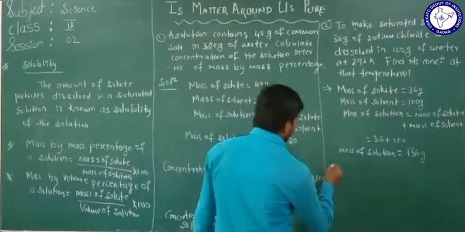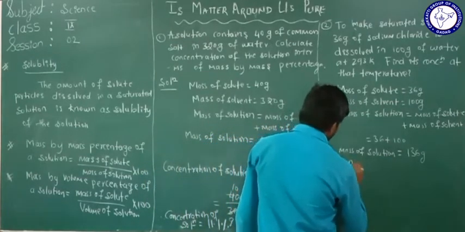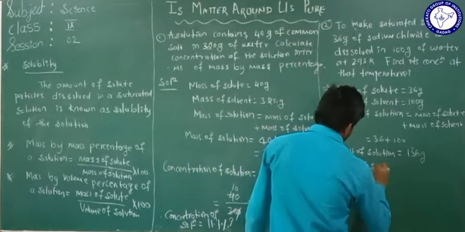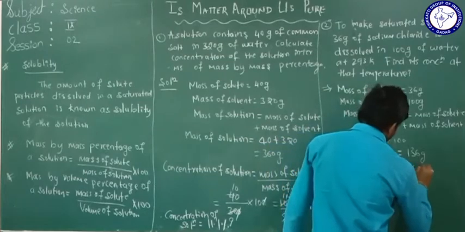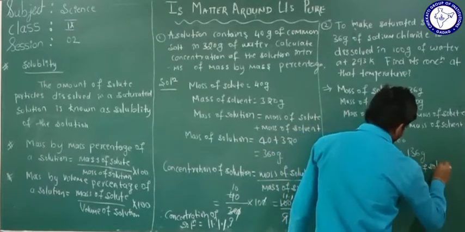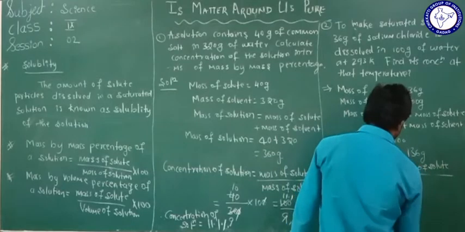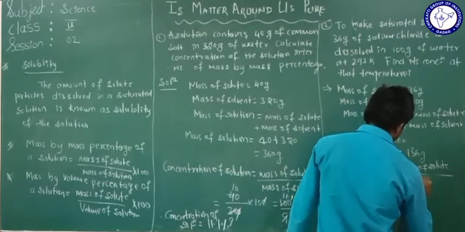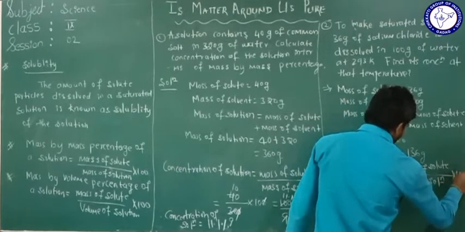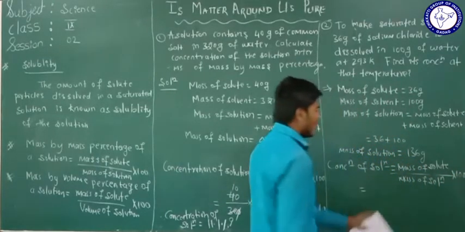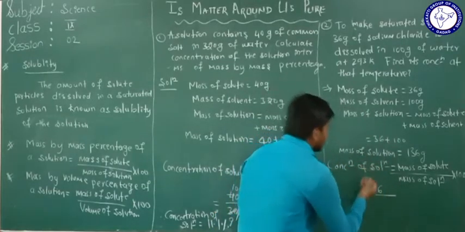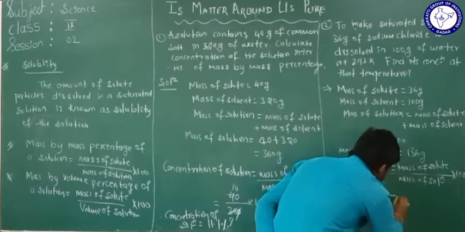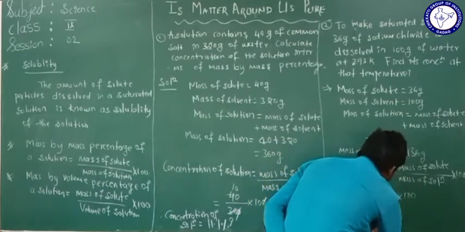Now we are going to calculate the concentration of the solution. Concentration of the solution is equal to mass of solute divided by mass of solution into 100, that is equal to the mass of the solute, here it is 36 gram, divided by the mass of the solution, 136 gram, into 100.